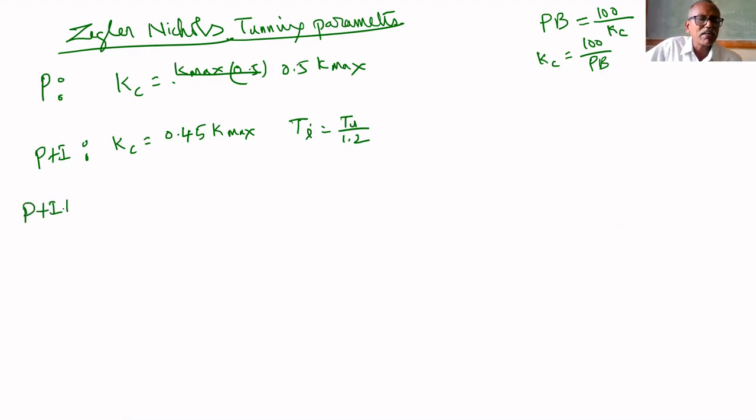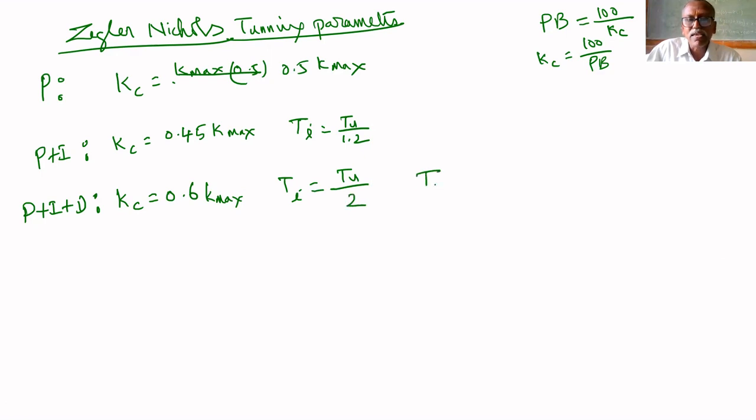Then the tuning parameters for PID mode: Kc equals 0.6 times Kmax. We introduced the derivative mode, so there is an improvement in stability and in the gain margin. That's why we are multiplying by 0.6 times Kmax. Ti equals Tu by 2 and Td equals Tu upon 8.